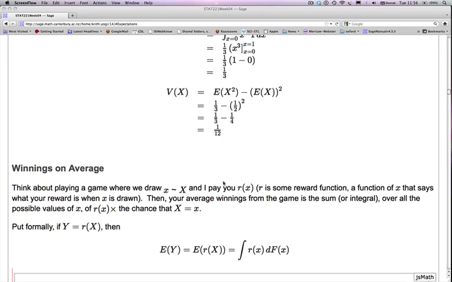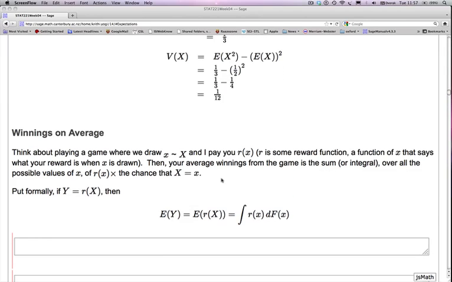Then your average winnings for the game is the sum or the integral over all possible values of x of r of x times the chance that the random variable X is going to be equal to x. Formally, let capital Y be r of x, the reward random variable.